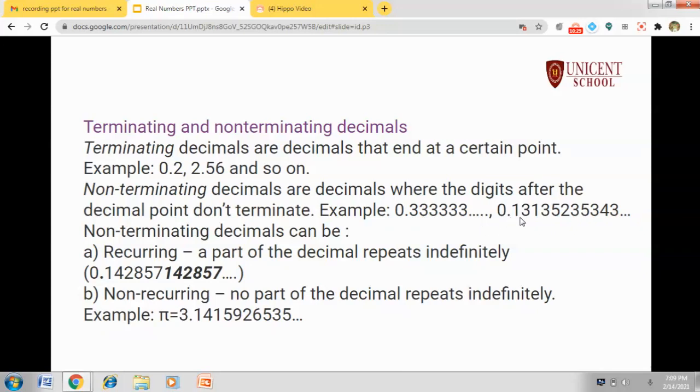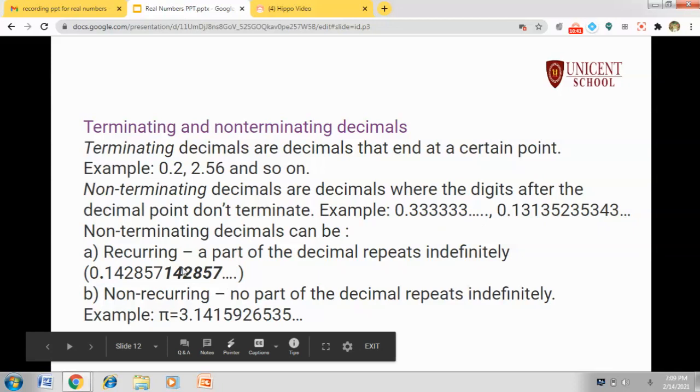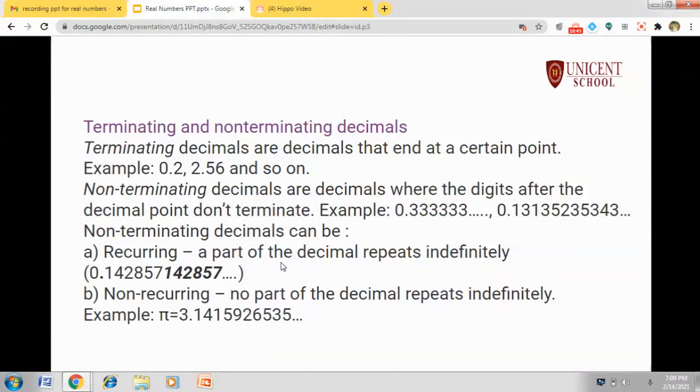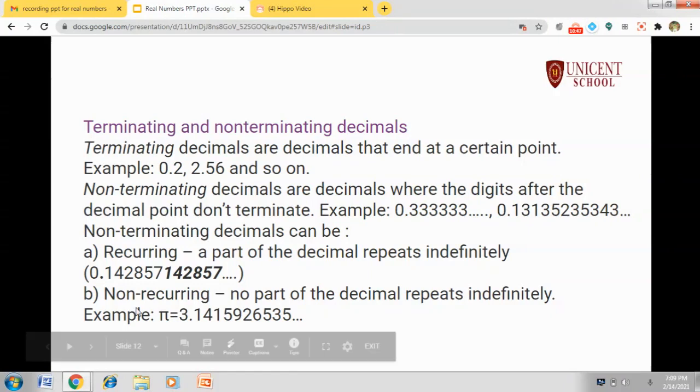In the same way, 0.1313523 and so on. It doesn't end there. These non-terminating decimals are of two types, recurring and non-recurring. Recurring means a part of the decimal repeats indefinitely. Here, just have a look. 0.142857.